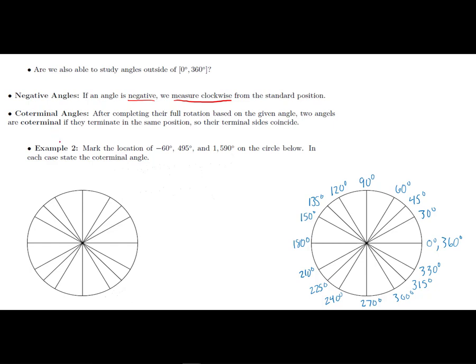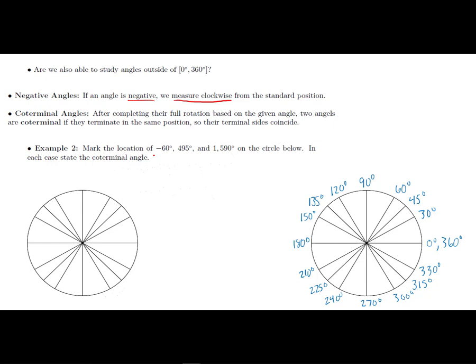Okay. So in example 2 here, it asks us to mark the location of negative 60 degrees, 495 degrees, and 1,590 degrees on the circle below. And in each case, state the coterminal angle. And I can see that I left something pretty important out here, so go ahead and just add this into your notes.